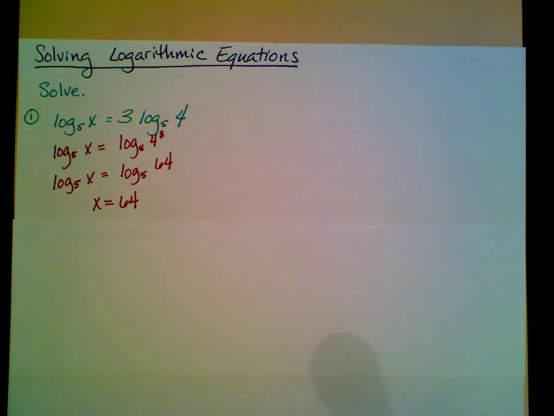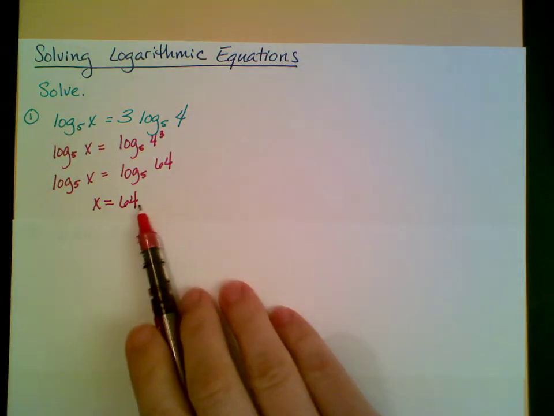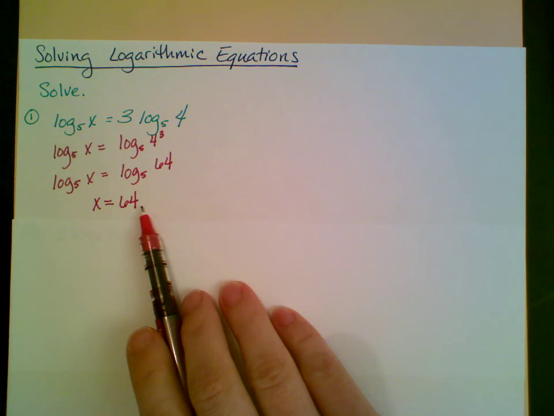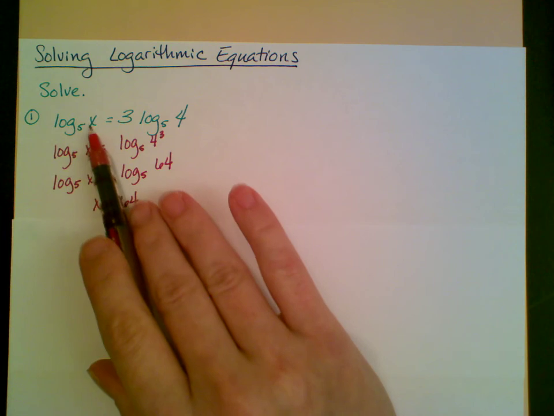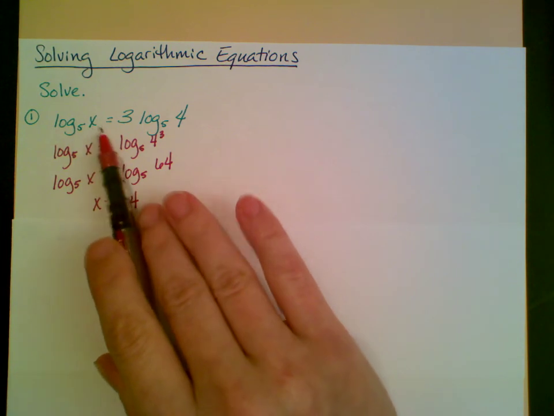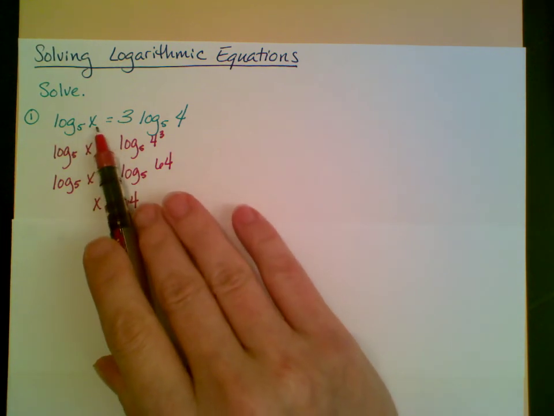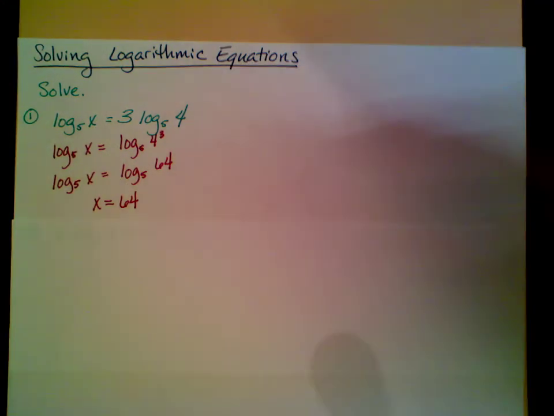And there's our solution. One thing that we will be pointing out over and over again is that logarithms have restrictions on what can be used as inputs. The domain of any logarithmic function is the set of all positive numbers.